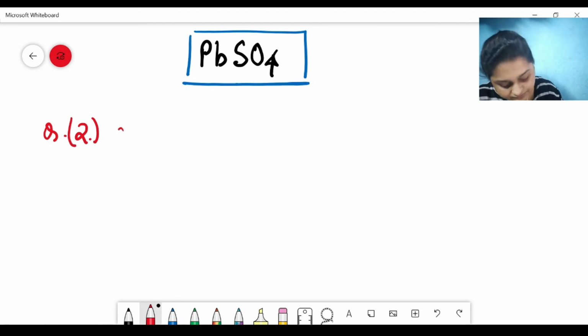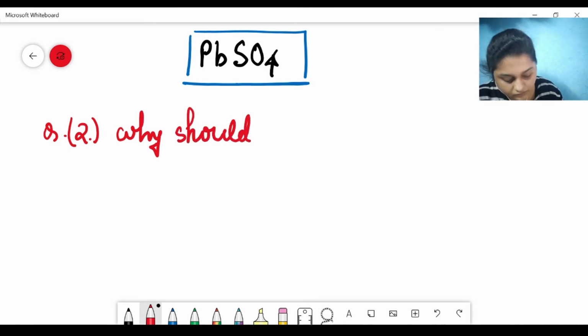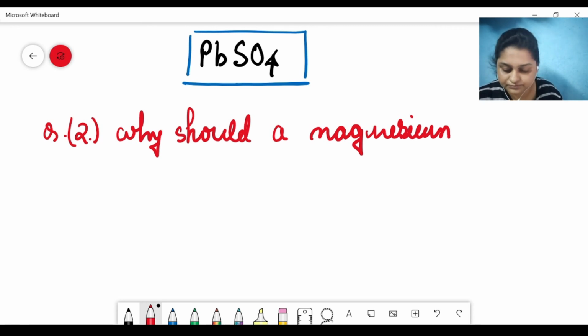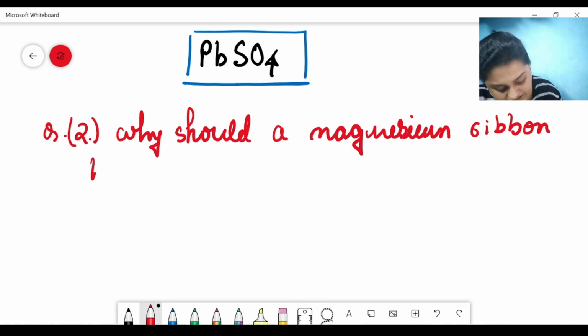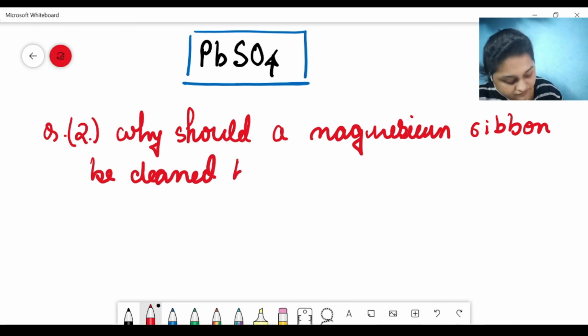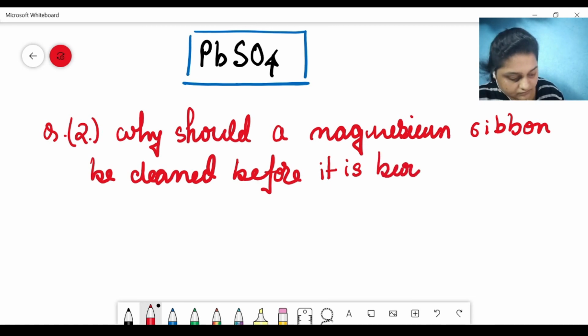The question is, why should a magnesium ribbon be cleaned before it is burnt in air?